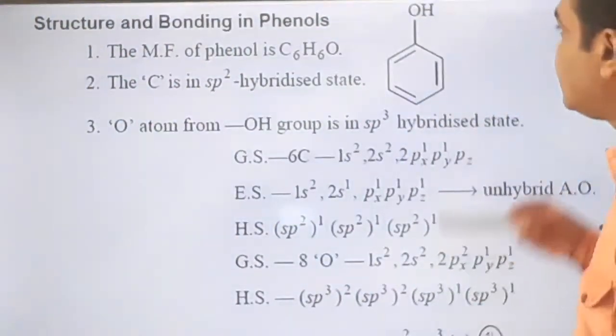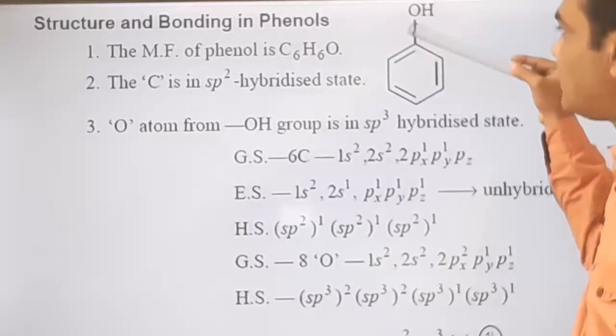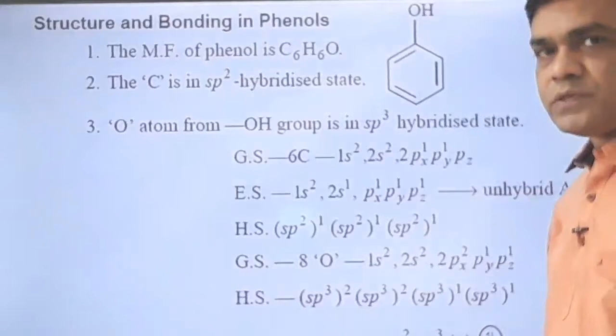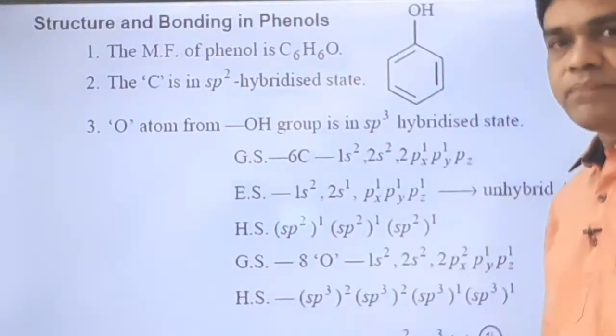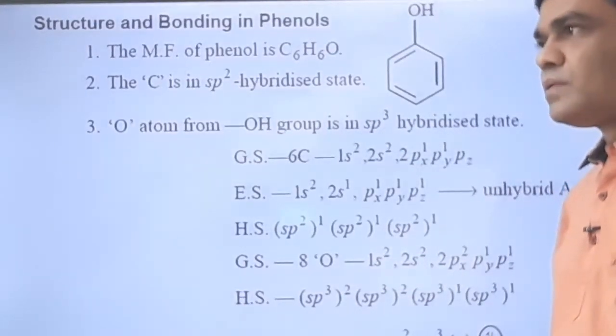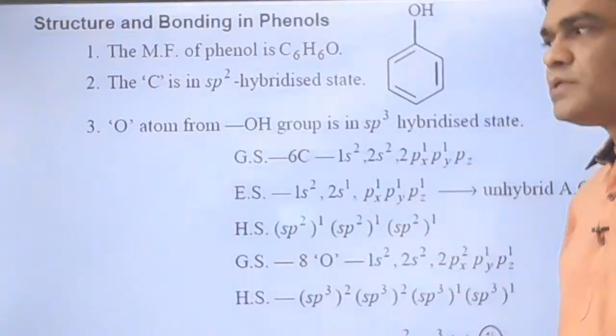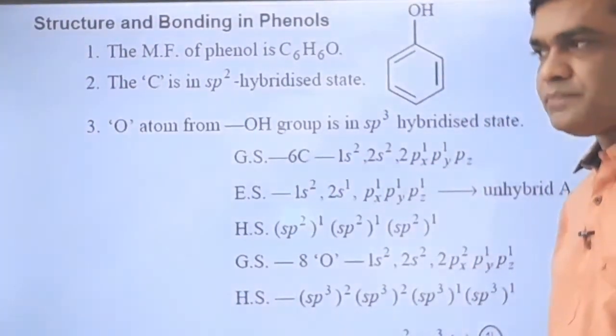For example, here oxygen is attached to hydrogen and carbon by sigma bonds, so 2 sigma bonds are there. And how many lone pairs are there on the oxygen? There are 2 lone pairs. So 2 lone pairs plus 2 sigma bonds means 4. So the oxygen is sp3 hybridized.